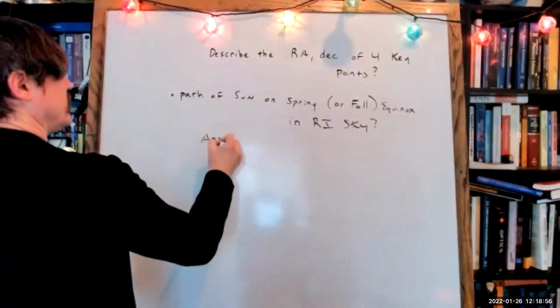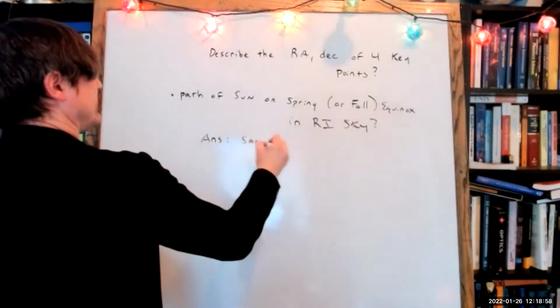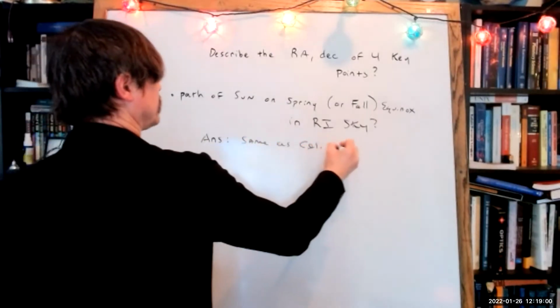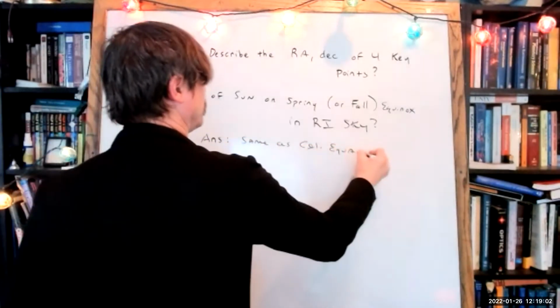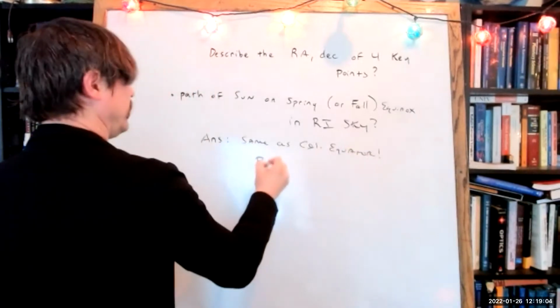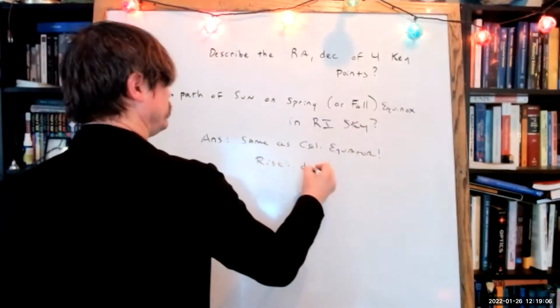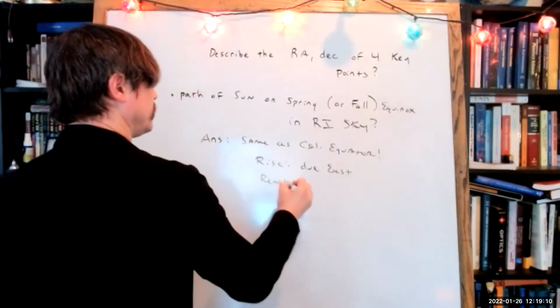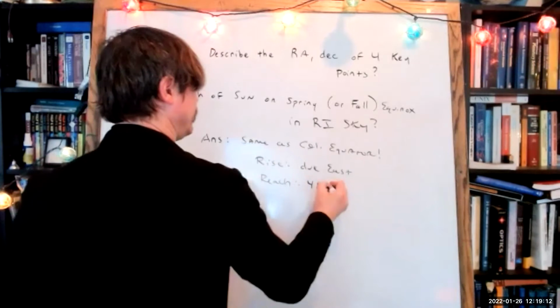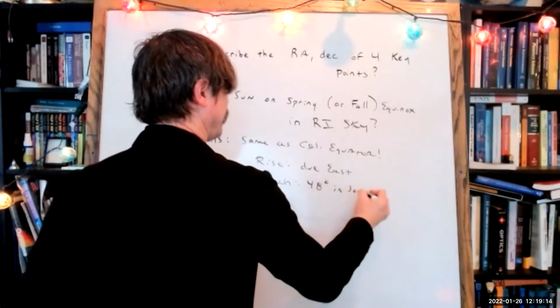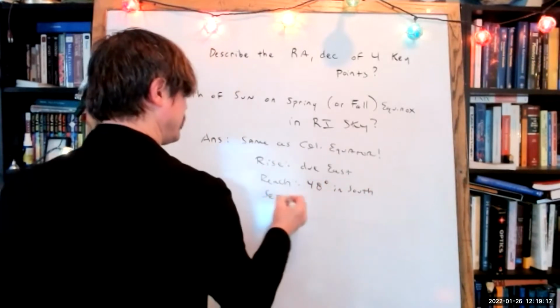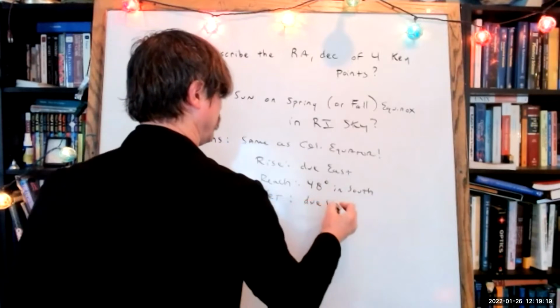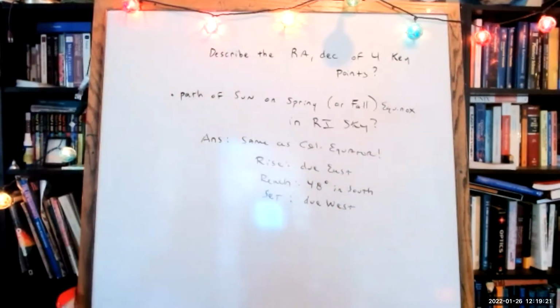The answer would be same as the celestial equator. It would rise due east. It would reach 48 degrees in the south, and it would set due west.